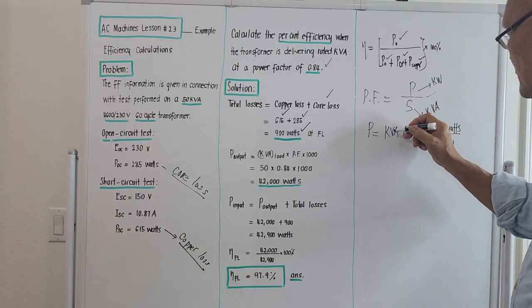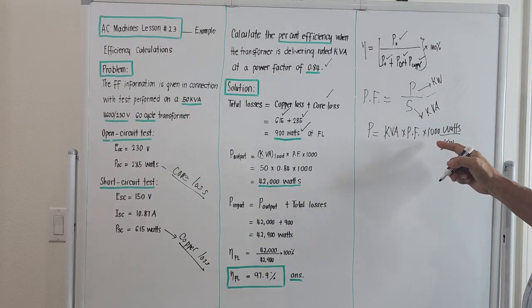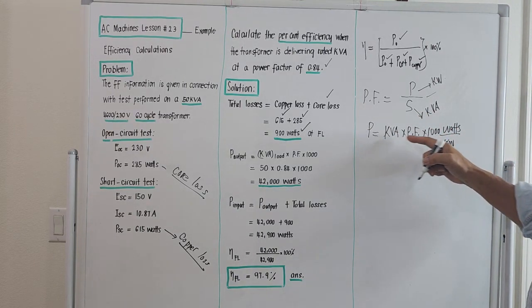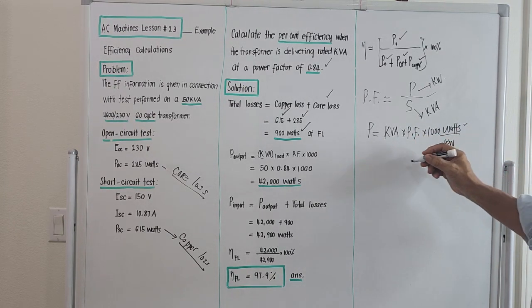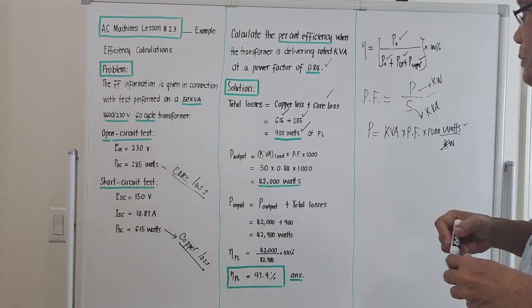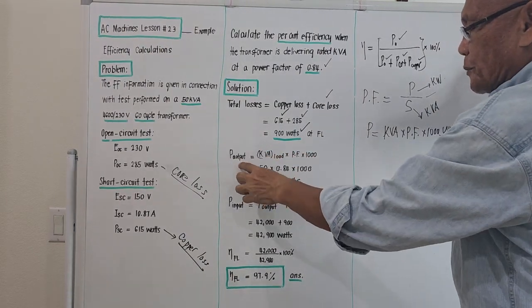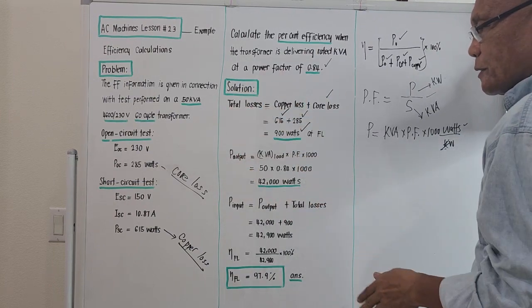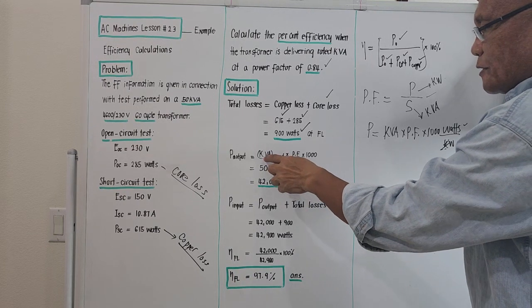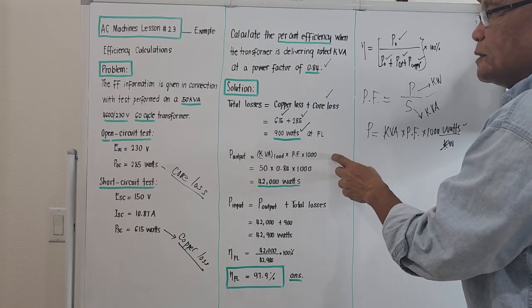So this K cancels. If we multiply the given kVA by 1000, it is now VA, and if we multiply it by power factor, it is now watts. So I place it in the computation: capital letter P with the subscript output, meaning output power in terms of true power. It is actually the given kVA load times the power factor times 1000.